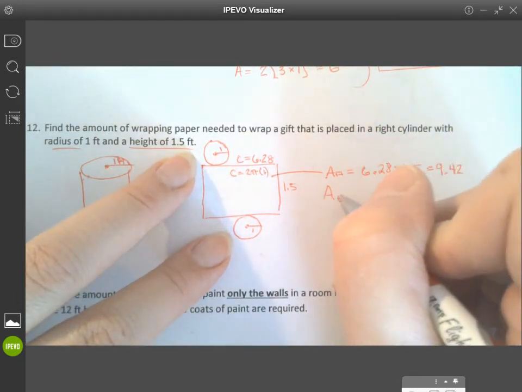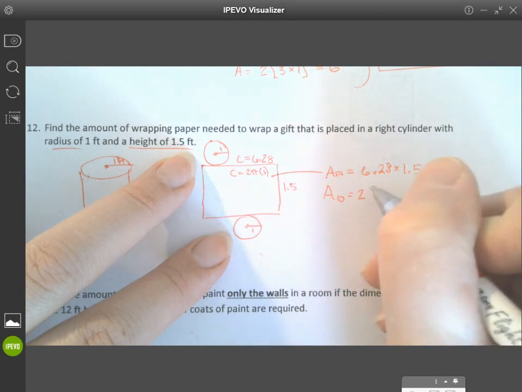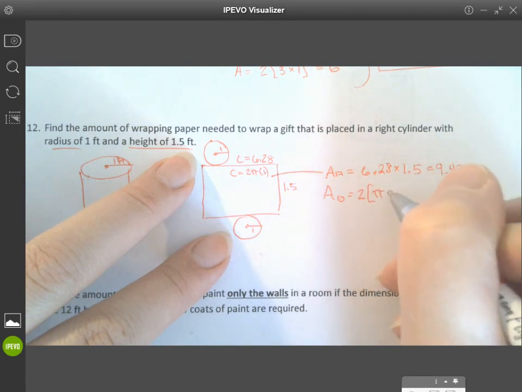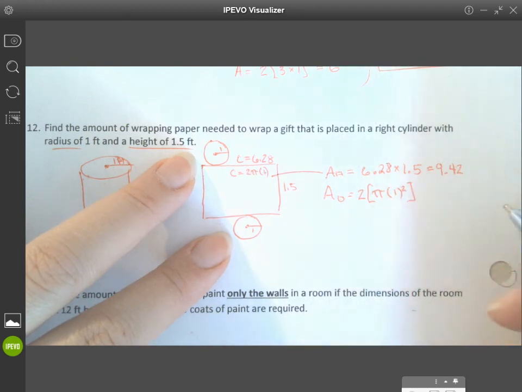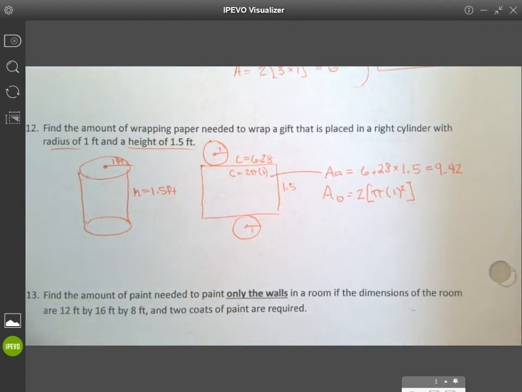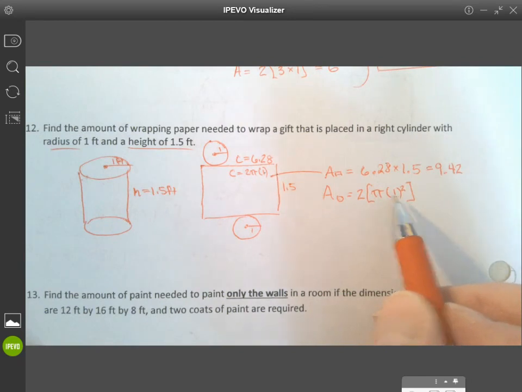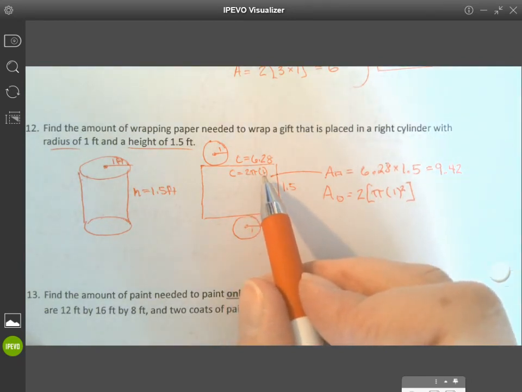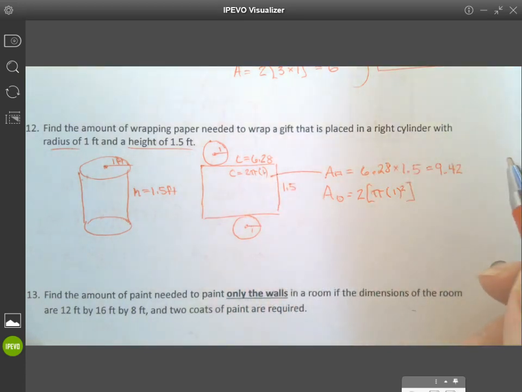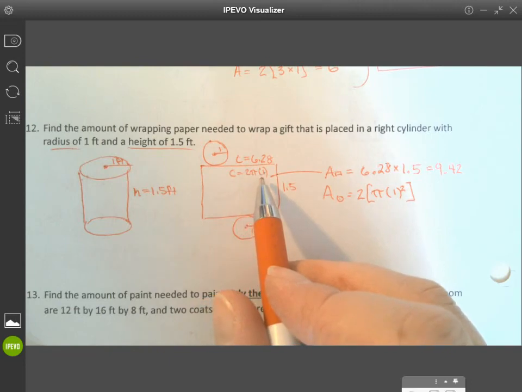So the area of the two circles is going to be 2 times pi r squared. What's in the parentheses? Which parentheses here? Yeah. 1, because it's 2 pi r, so the radius is 1. Okay? And that's all I was doing was 2 pi r.